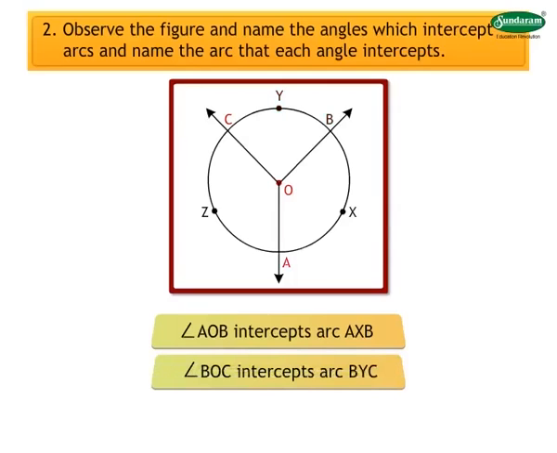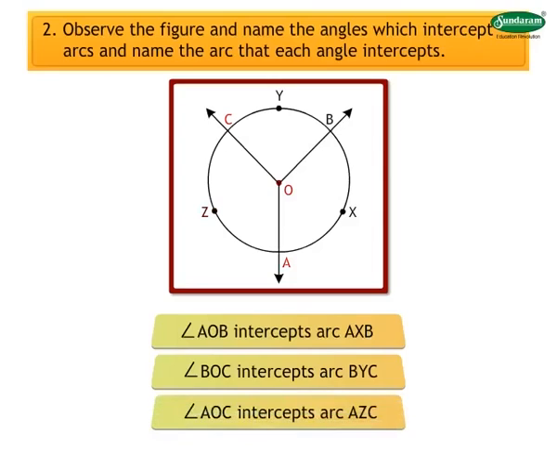Taking angle AOC. In this figure, as point A of the arc AZC lies on side OA of angle AOC and the point C of arc AZC lies on side OC of angle AOC, we can say that angle AOC intercepts arc AZC.